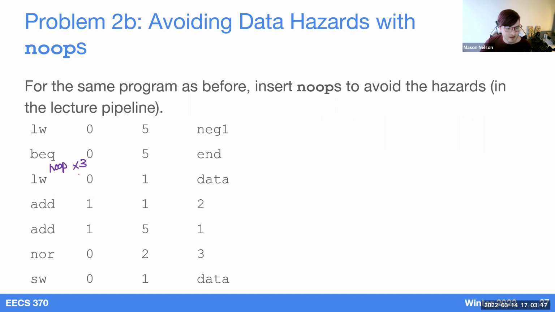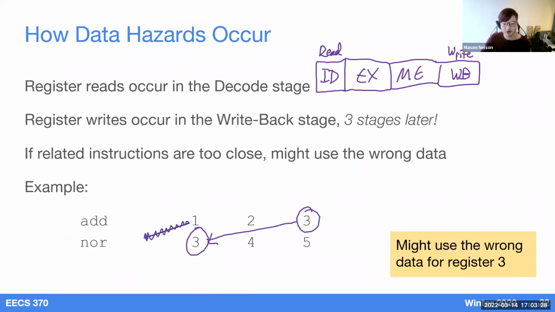So starting with the BEQ, which I said had a data hazard with the LW above, we want to space out the BEQ and the LW. If I go back to my picture here, if our writing instruction is the LW and our reading instruction is BEQ, then we want to space them out enough so that nothing is happening between the 2 instructions while the LW is in write back and the BEQ is in decode.